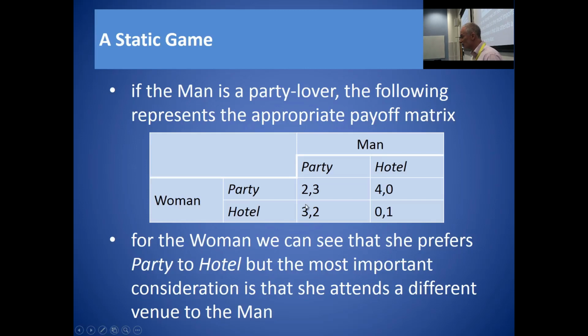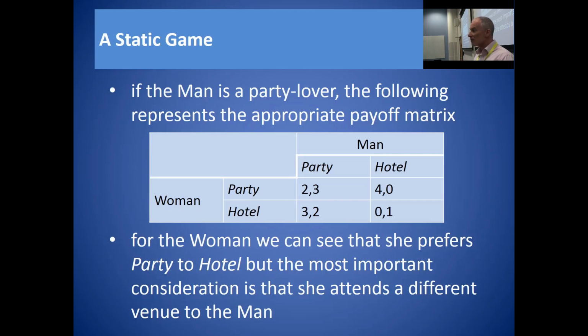But the most important consideration is that she doesn't attend the same venue as the man. For the way I've set this game up, the preferences for the woman don't really matter. The crucial one, remember, is that dominant strategy for the man. If he's a party lover, he always prefers to go to the party. That's where he has his highest payoffs. So, that's what the matrix would be.